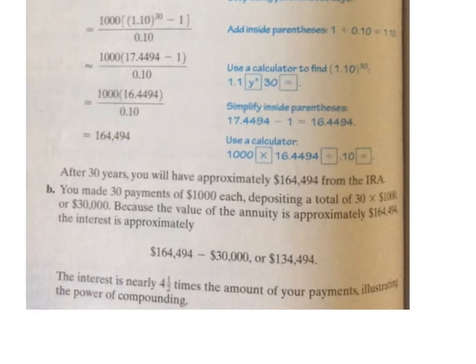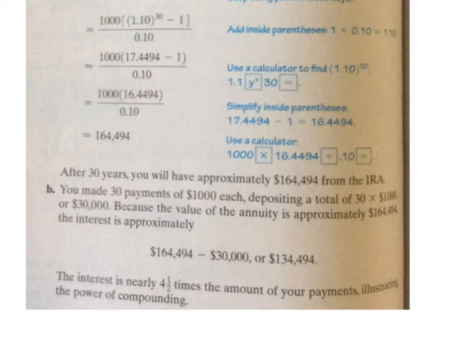And then finally, after part B, you want to find the interest. Okay, so you made 30 payments of 1,000 each. That's obviously $30,000. Again, if you put $1,000 in a shoebox, anywhere in your house for 30 years, you'd save $30,000, but we want some interest.